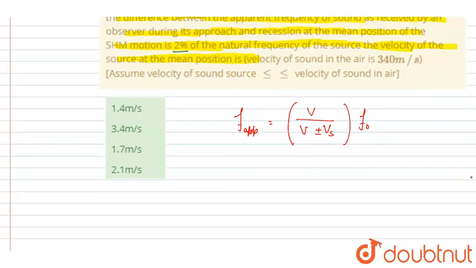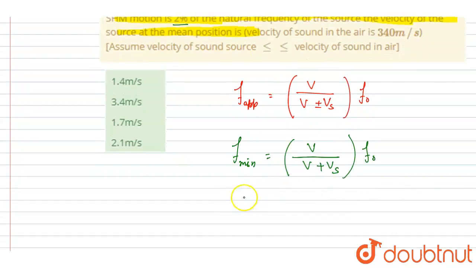So if I write down the maximum and minimum frequency, the minimum frequency will be when it is moving away, like this, and it will be maximum when it is moving toward.